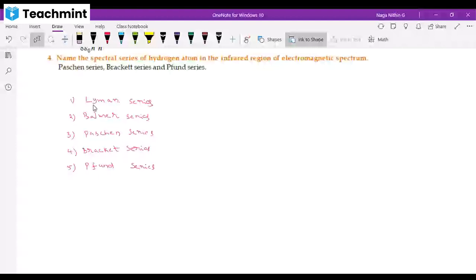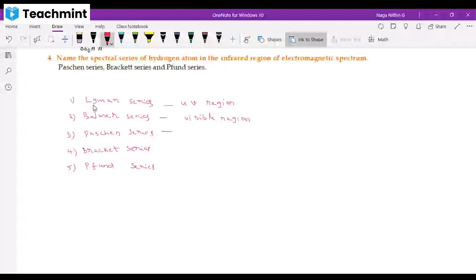Lyman series will lie in the ultraviolet region. Balmer series will lie in the visible region. UV, you can remember.